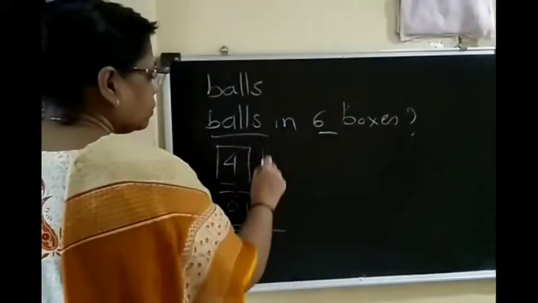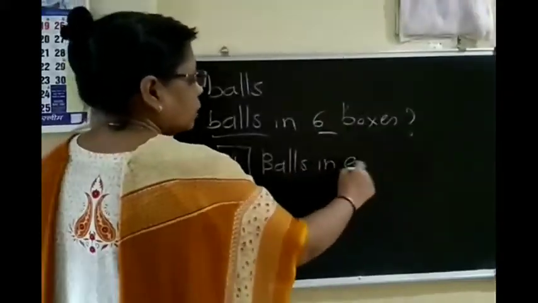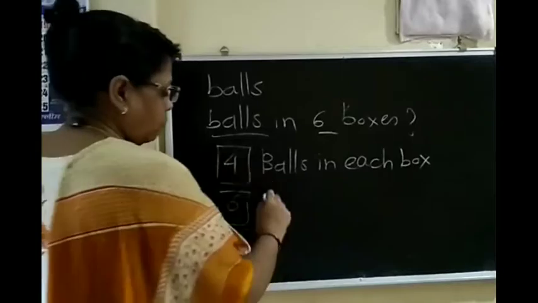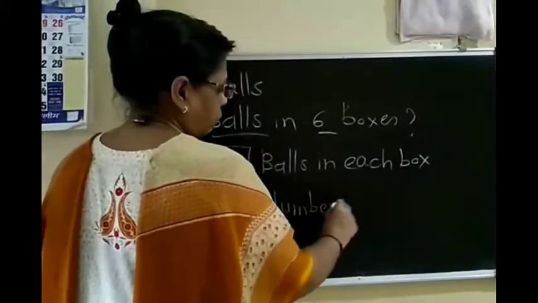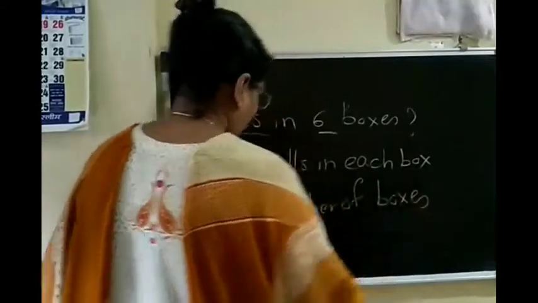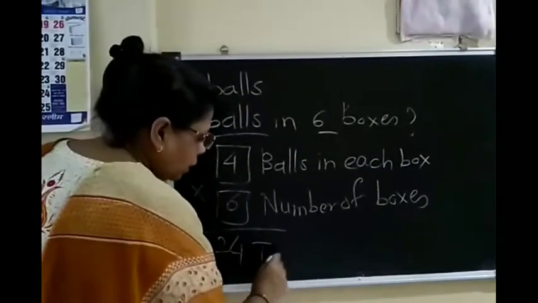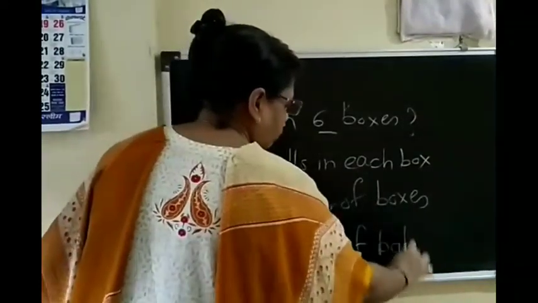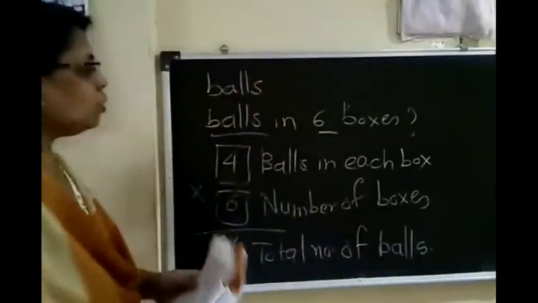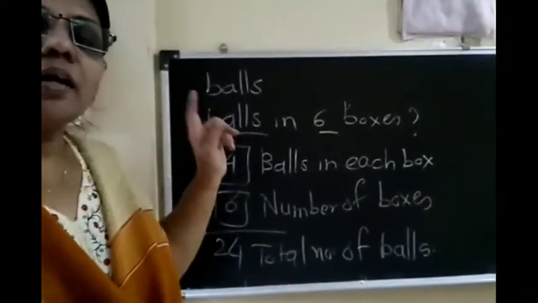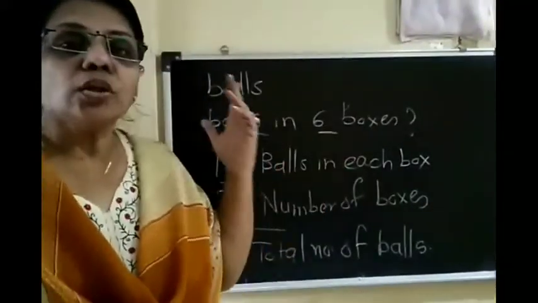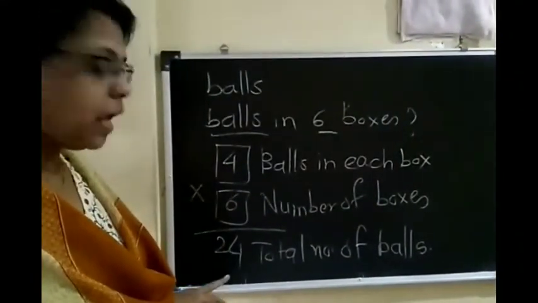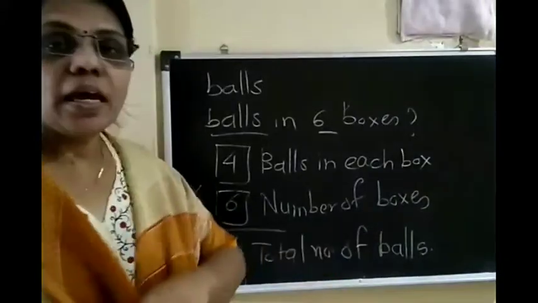You have to write balls in each box, here 6 is the total number of boxes, and here the total number of balls. We have to find out, if there are 4 balls in 1 box and there are 6 boxes, how many balls are there? For that, multiplication is done. 4 into 6, we get the answer 24, and that is the total number of balls in 6 boxes.